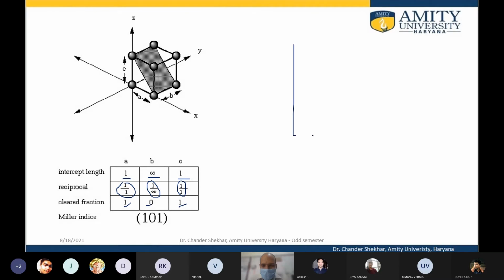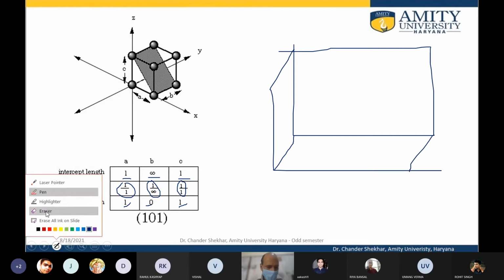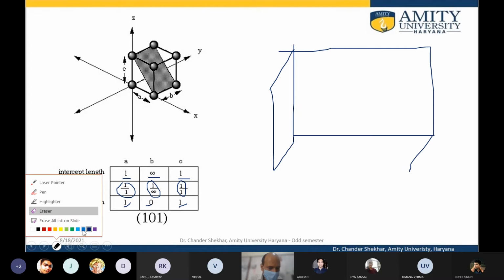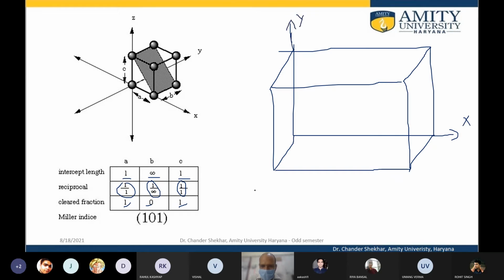Okay, so if I have a unit cell, how do I draw this? If this is the x-axis, you can have any of the orthogonal directions as x, y, or z.